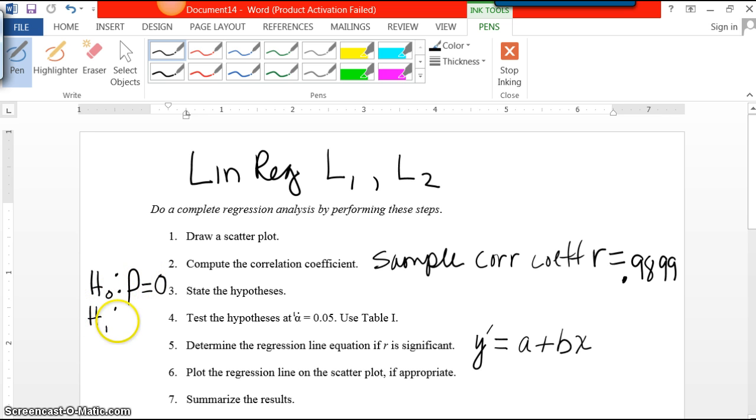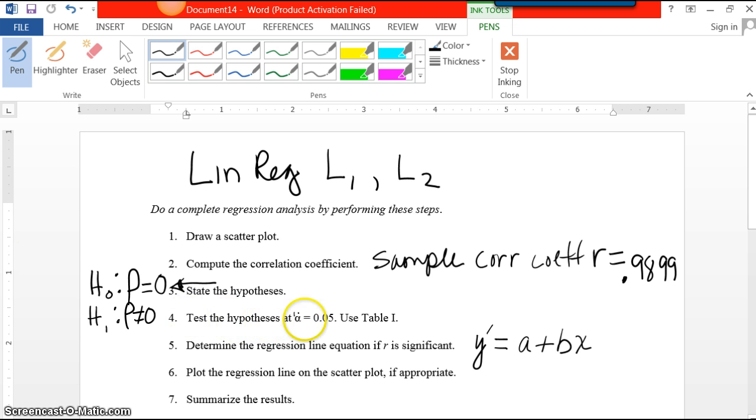The alternative will be that rho is not 0. We would really like to reject this, because if you can reject this null hypothesis, that means that there is a linear relationship in the population of SAT scores.